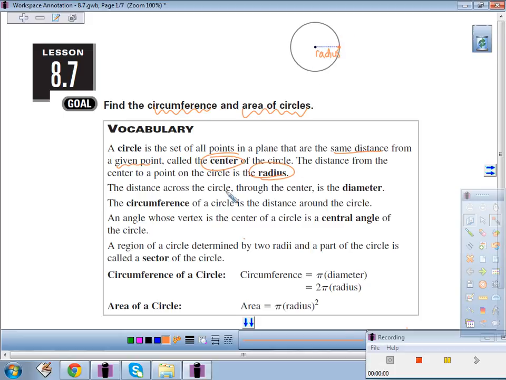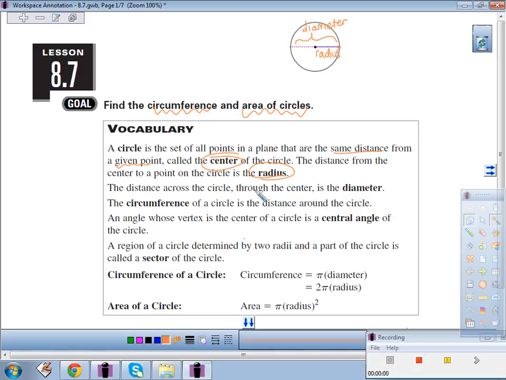The distance across the circle through that center is called the diameter. So if I draw that, the diameter goes all the way across, and it connects 2 points on the circle, diameter. But it goes through the center to do that.